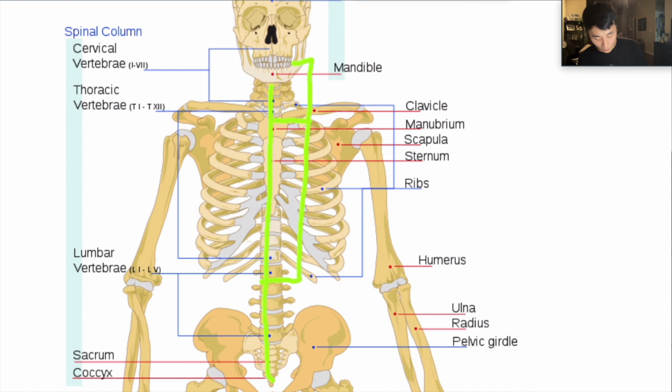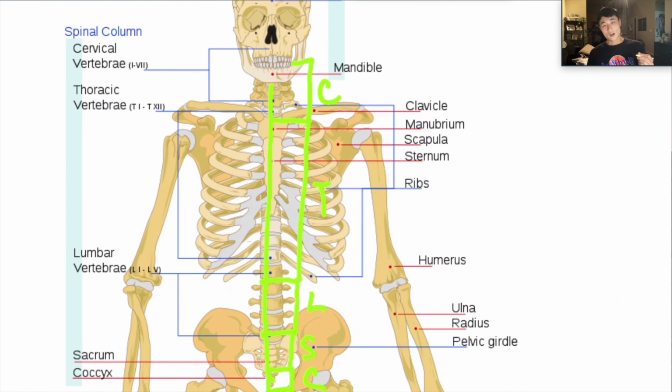And then there are lumbar vertebrae, which is the bottom portion of your vertebrae. And then there are sacral, which is this part. And then lastly, there's coccyx. So this is cervical. And this rib area is thoracic. And this bottom area is lumbar. And the one underneath is sacral. And one underneath is coccyx.